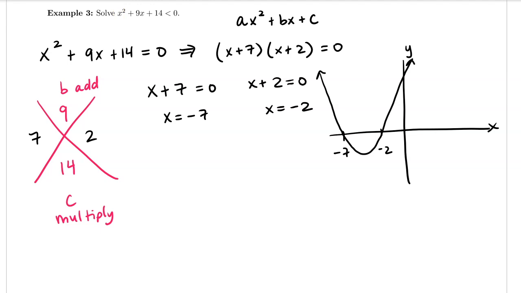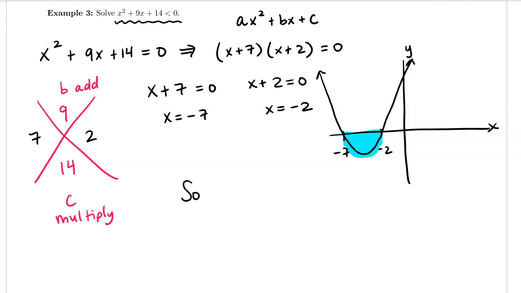Now, going back here, we are looking for where our quadratic is less than 0. In other words, when is the graph below the x-axis? Because that's where the y values or the output values are negative. So the area where my graph is below the x-axis is happening here, between -7 and -2.